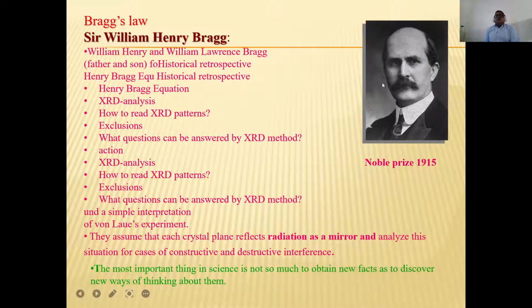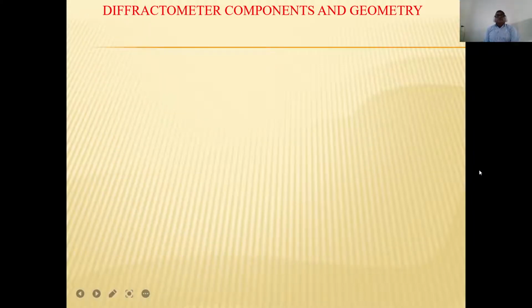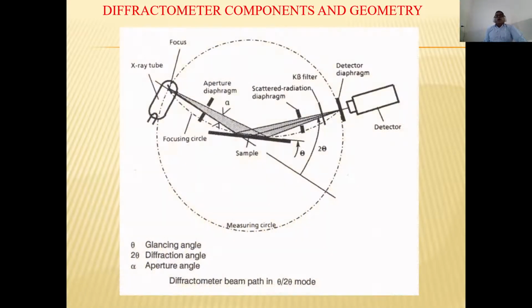Now this is Sir William Henry Bragg, a Nobel Prize winner in 1915. Diffractometer components and geometry. Now it is the image of the diffractometer components and geometry.